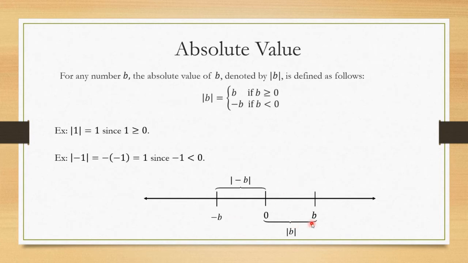So for a number b, its absolute value is just b itself if b is to the right of 0, because b from 0 is b units. With negative b, it's the same idea. The absolute value of negative b is the distance between negative b and 0. But that's also b units. You're just going to the left.